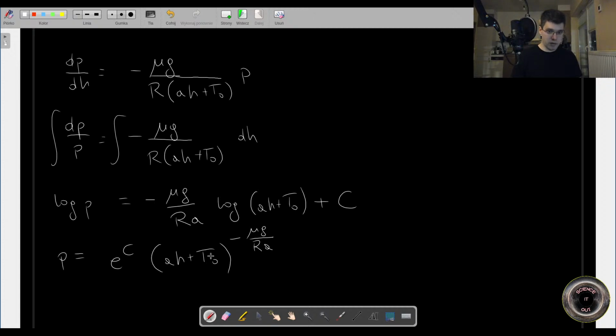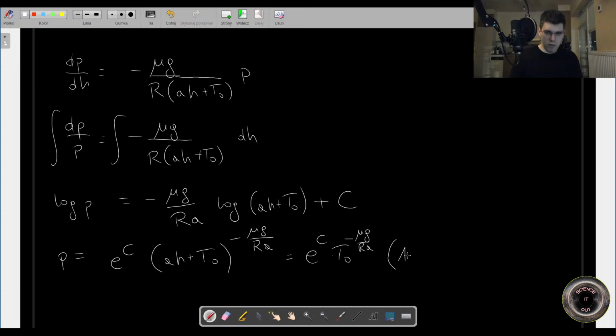Now if we extract T0 from here, we get something like this: e to the c times T0 to the power of minus g divided by R a. This might seem a bit weird at first, because this might be a very weird fraction, and what does it mean for the temperature to be raised to such a fraction, but in a moment it will make sense.